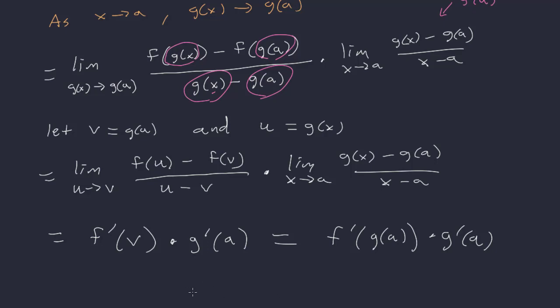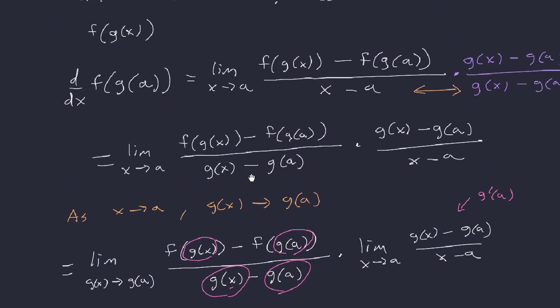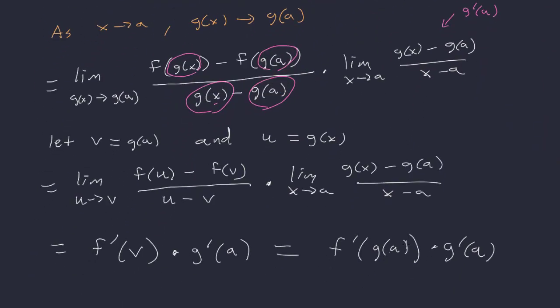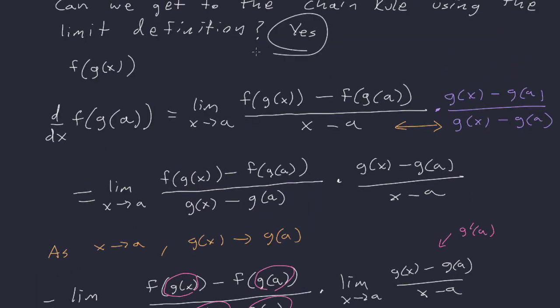Now, this is a bit hand-wavy. There's some stuff we're missing here. I don't want to get into the weeds with a full-blown proof of this, but this is the general idea of how we get the chain rule using the limit definition. And so that's our answer. Essentially, it's yes.